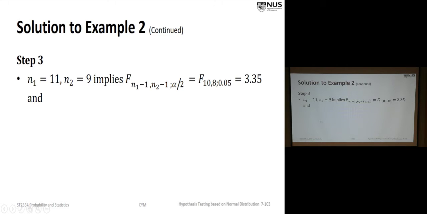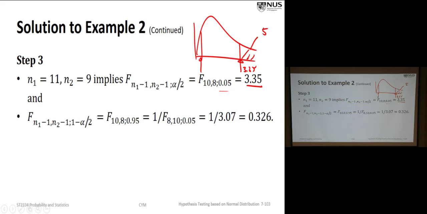And so this value 3.35 is greater than it with probability 5%. You still have to get this number. This number is F(8,10) at 0.05, and take the reciprocal. All right?